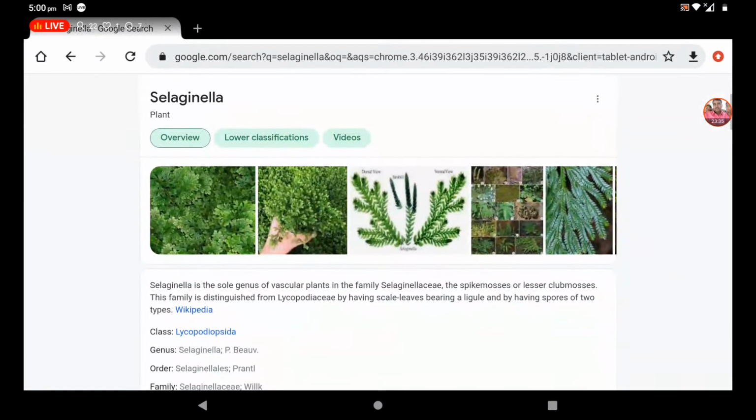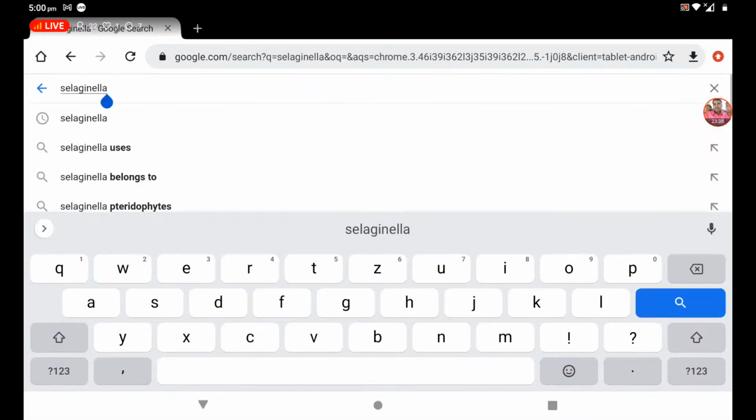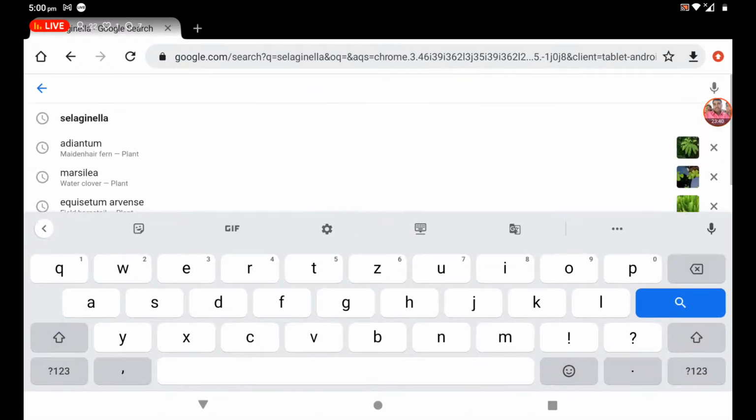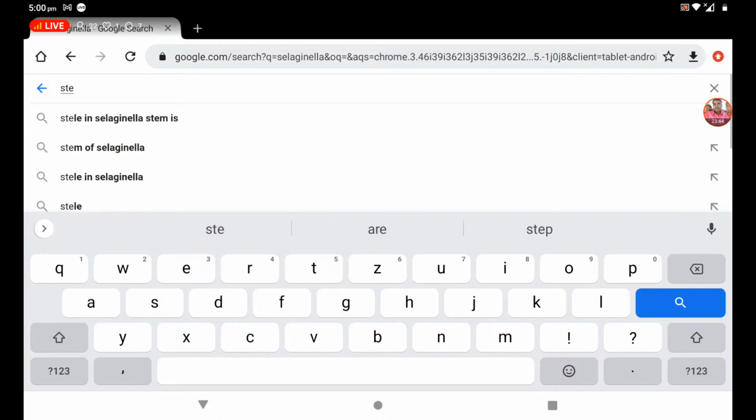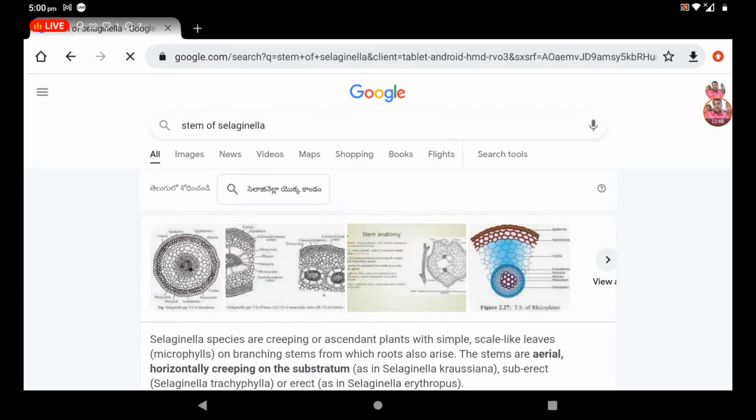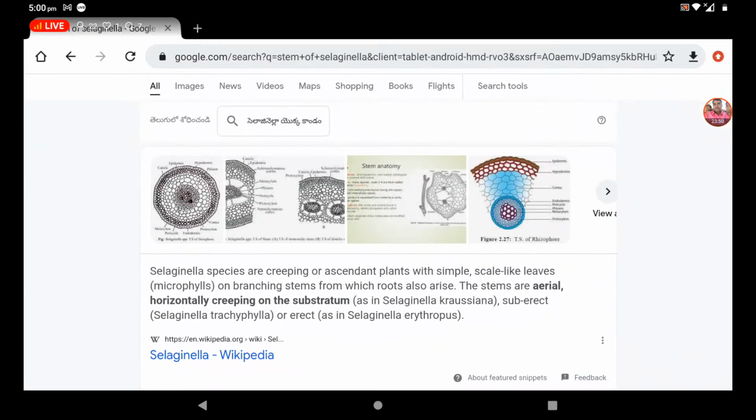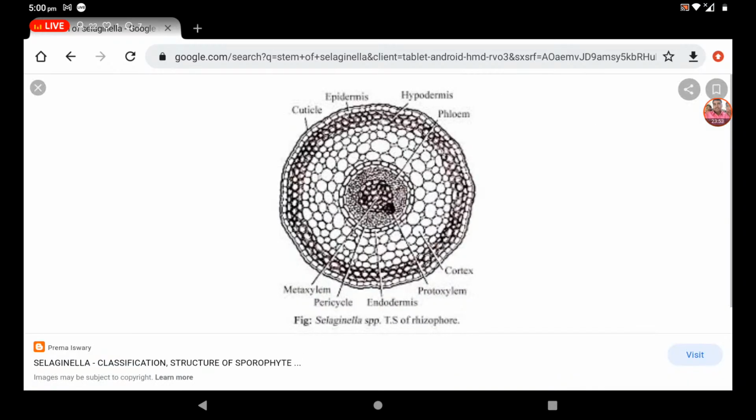Okay, still we will take another stem. The root system we already observed is the adventitious root system, and now we take the stems exhibiting different types of anatomy. Let us take one example here.